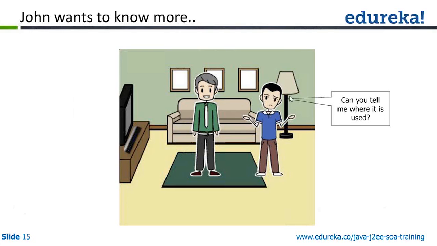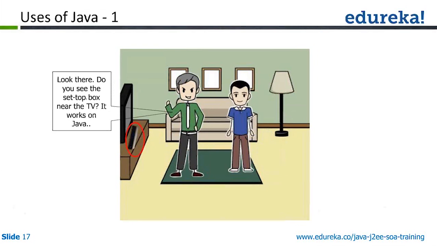Well, let's look. It's got a lamp, some pictures, a chair, a carpet, a TV, and a set-top box. Which one of these do you think uses Java? Okay. So yes, it's the set-top box that uses Java.